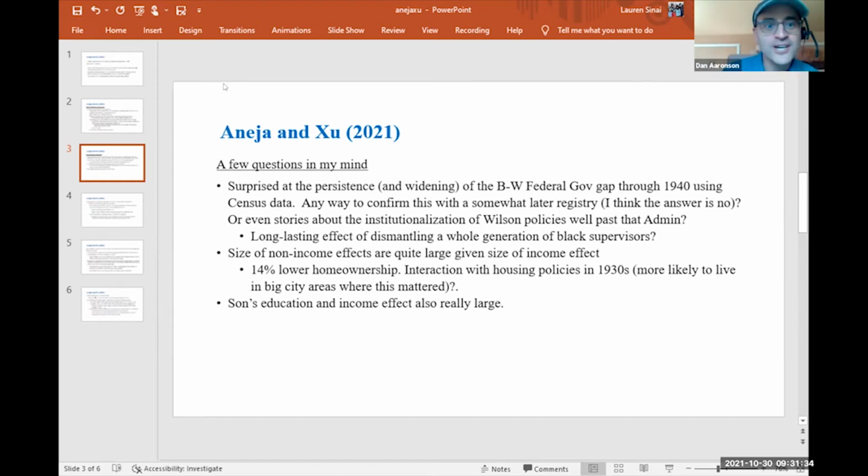So I already talked about the persistence of the labor market implications of all this, and they show that with the census data. The home ownership effects are, I mean, I can't even get my handle around how big they are. Basically, they're finding a 3.5% hit on biannual earnings is leading to a 14% decline in home ownership.